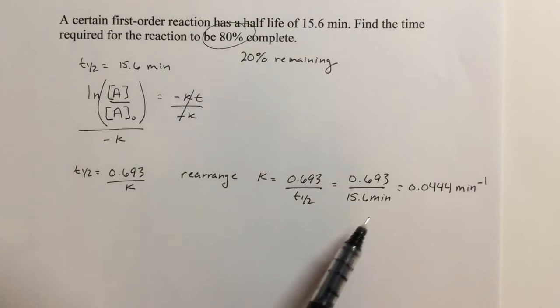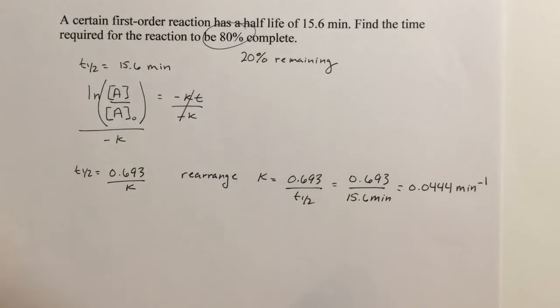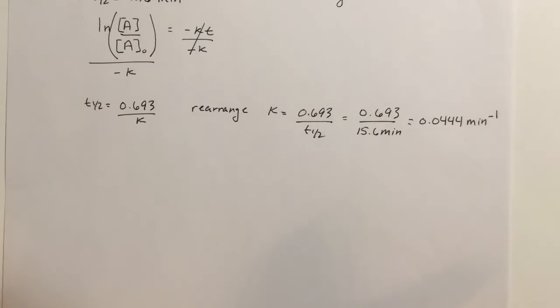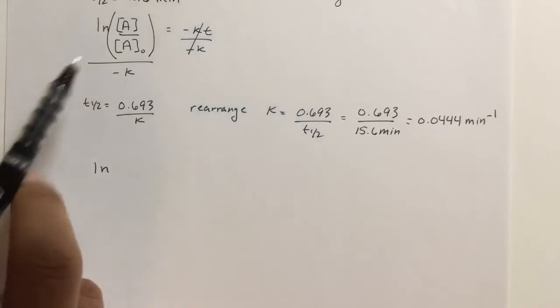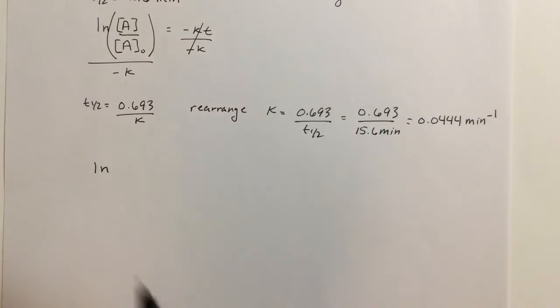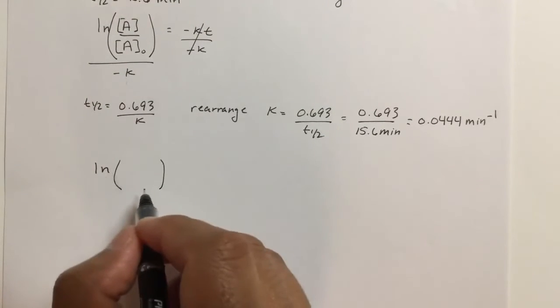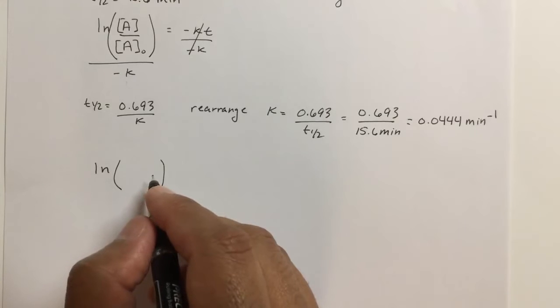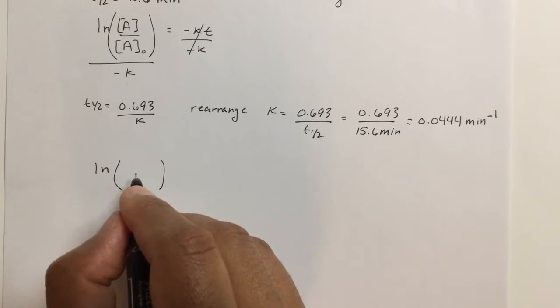Okay, so now we can just plug this number in here and solve for the time. Let's rewrite our problem right here: ln of A over A naught. Now we're 80% complete. That means there's 20% remaining. As I mentioned in the previous video, the good thing about using these ratios is that if we're dealing with percentages, I don't need to know exactly what the initial concentration is.